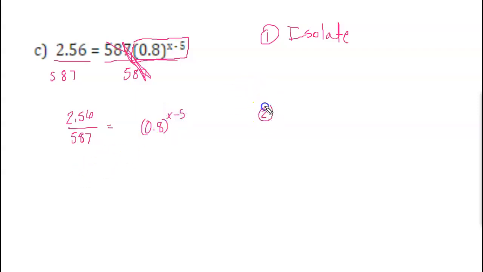So then we're ready for our second step, which is to do the inverse log, which in this case is going to be a log of base 0.8. So I want to do log base 0.8 of this number, and I want to do log base 0.8 of this exponential.